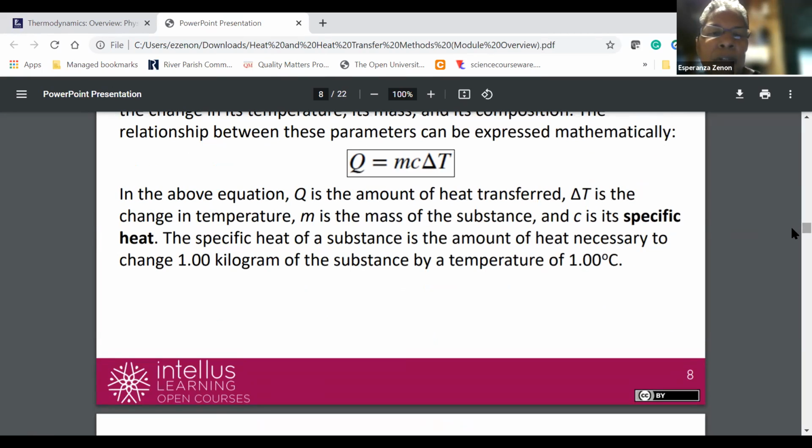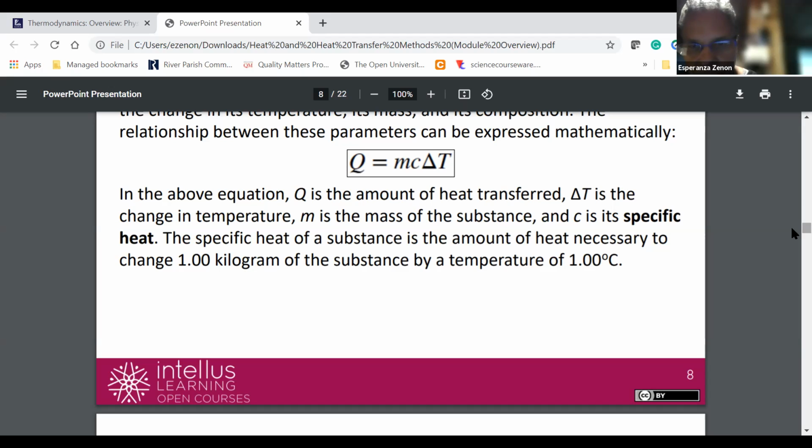In any event, you'll see it written as C, the lowercase c. And so if you want to figure out the amount of heat that's being transferred, you can use this formula, if there is a temperature difference, okay? So the mass in this formula has to be in kilograms.